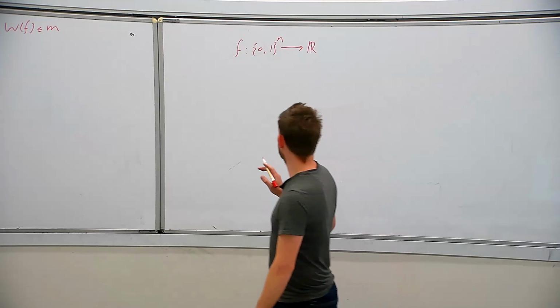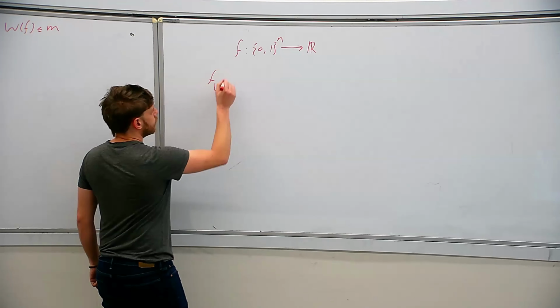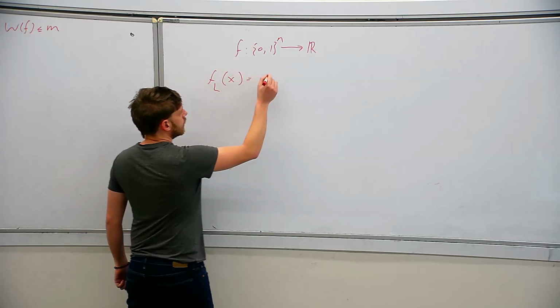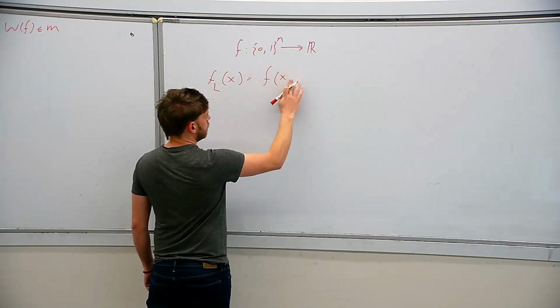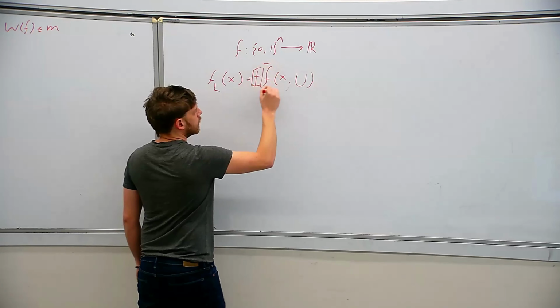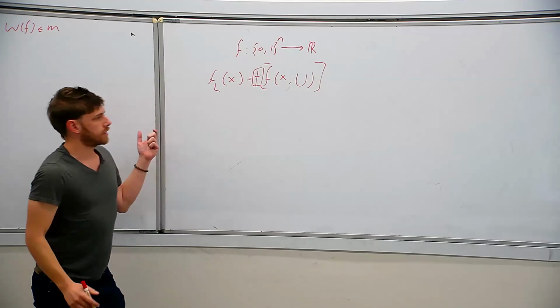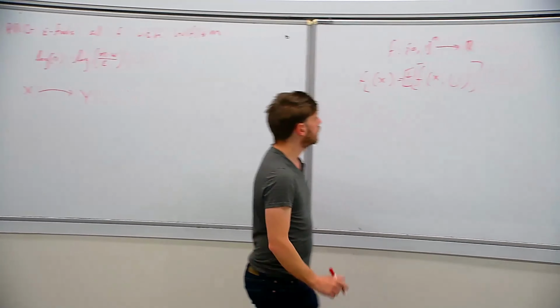Okay, but let's forget about correlations. So define FL of X is just F of X. This is when we start by plugging in X and then take the uniform random walk.